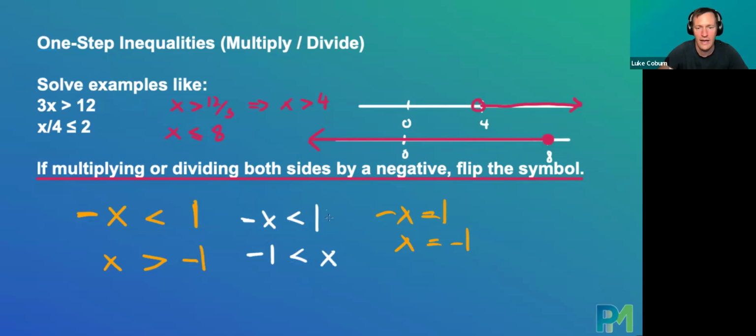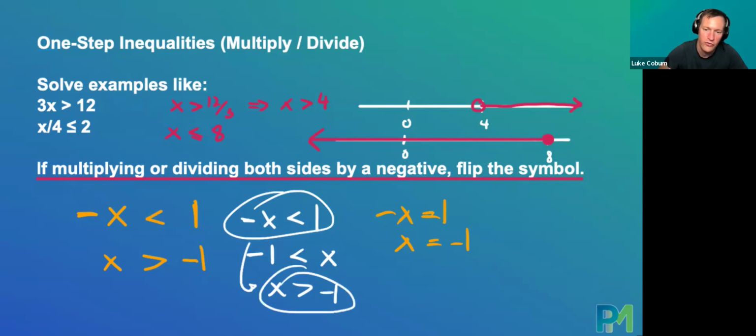So I end up with minus 1 is less than x, in other words x is greater than minus 1. So the effect is that we change the direction of the inequality. I think the same thing happens with the equal sign, it flips around, but it looks exactly the same because it makes no difference if it's flipped.